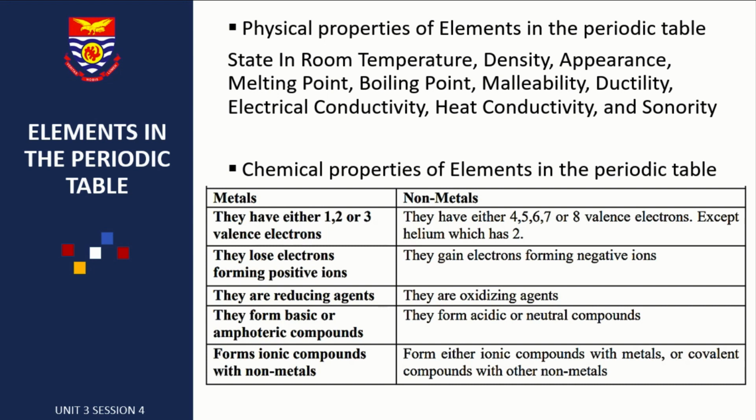Let's look at the elements in the periodic table. We can find the physical properties of the elements in the periodic table, and we can also find the chemical properties of elements. Depending on where we find the elements in the periodic table, it can be a metal, an alkaline, a non-metal, and others.